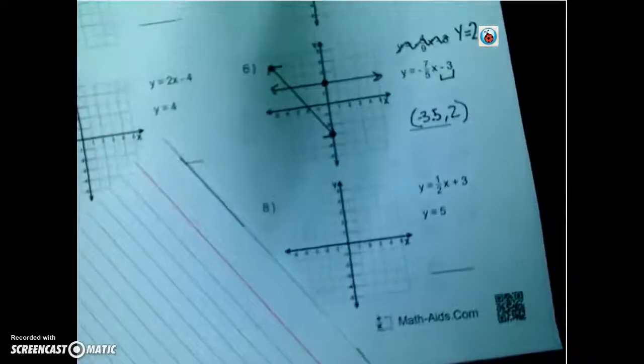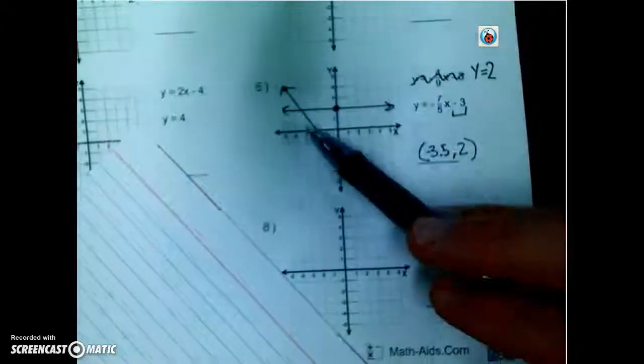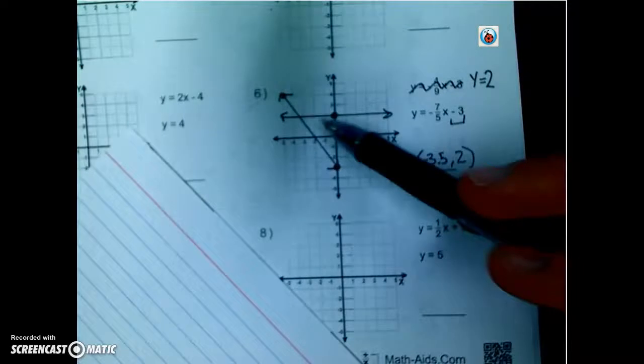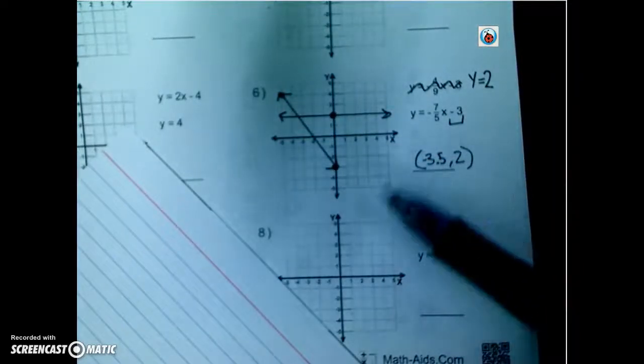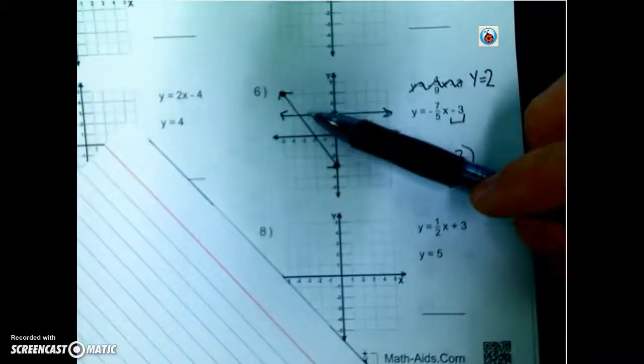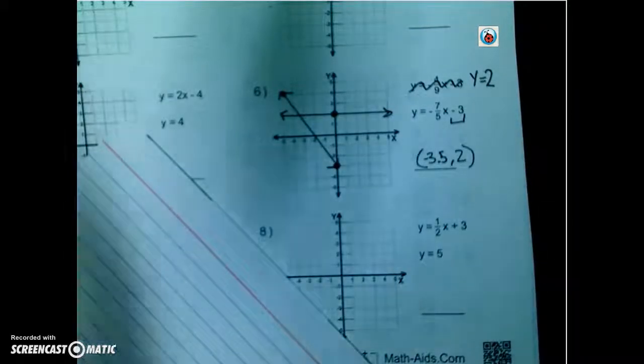This is why we had other methods to solve for our systems of equations, such as elimination or substitution, because sometimes graphing doesn't always give us a clear picture. We can't tell that exactly from a graph, so we're just going to do some estimating here. All right, so there's that page.